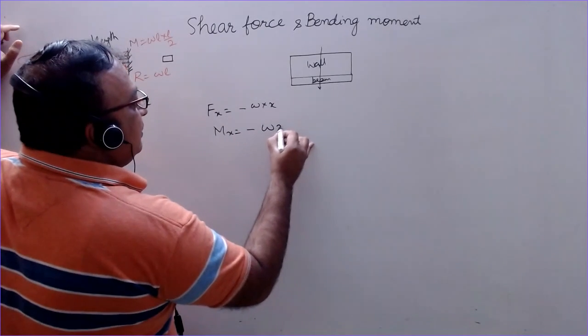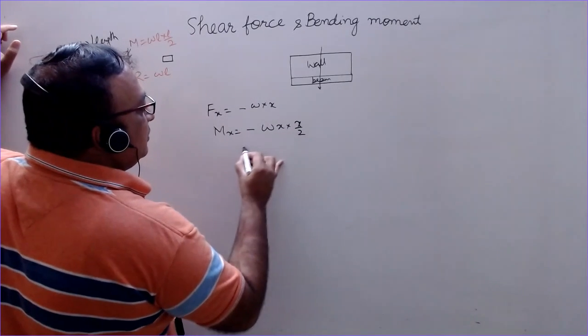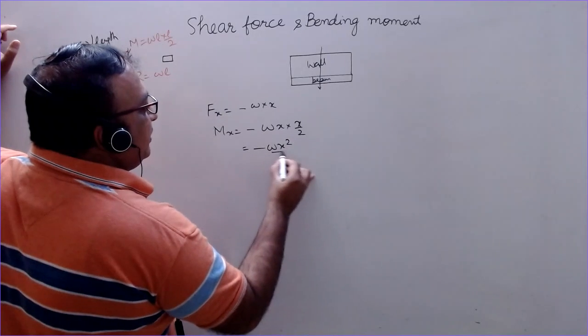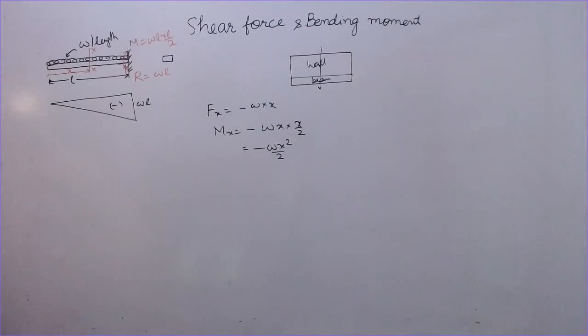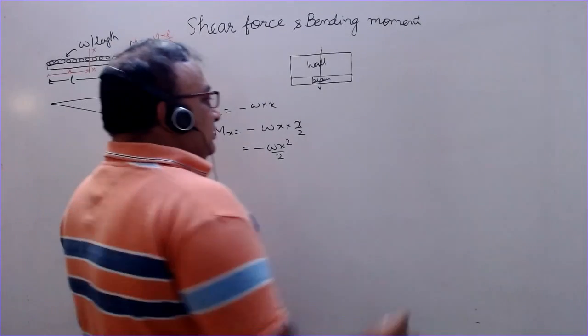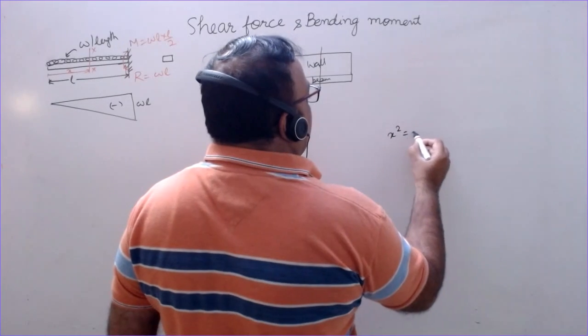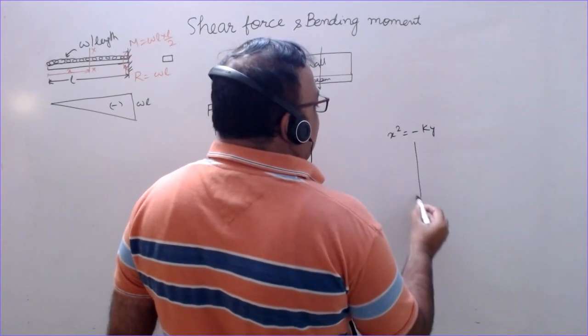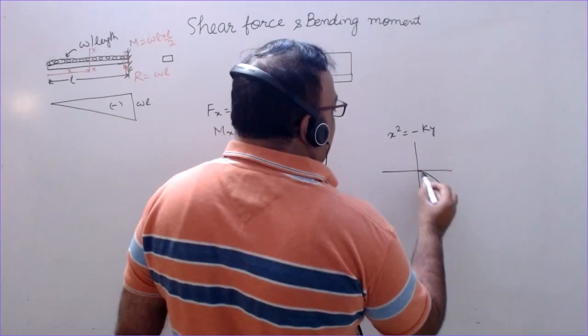So minus Wx into x by 2, minus Wx square by 2. So this is a parabola. The variation will be parabolic in nature, because x square equal to minus ky, this is a parabola of this type.